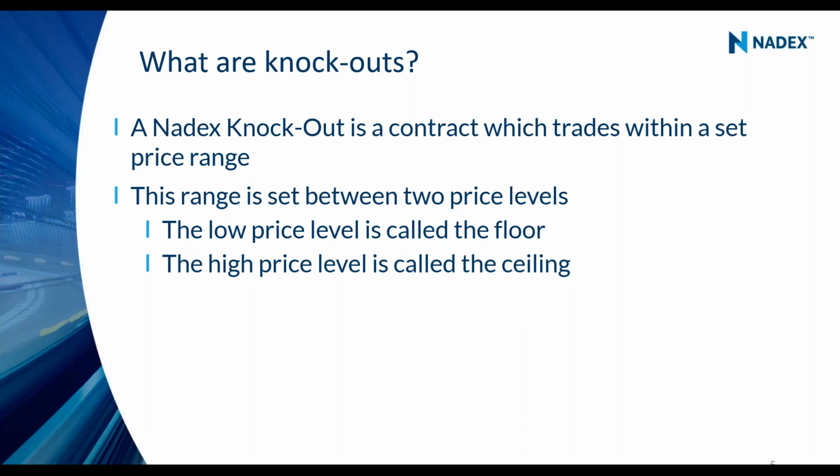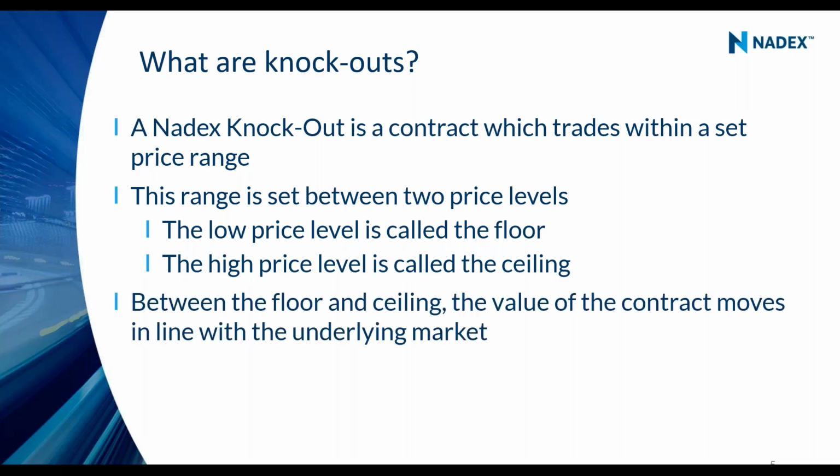Okay, and the contract will trade in line with the underlying market between the floor and the ceiling. So when I say it's a delta one contract or a delta one product, that is what I mean. The price of a knockout will trade directly in line with the underlying market.